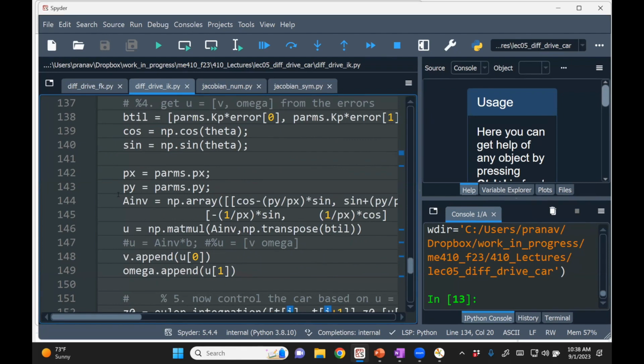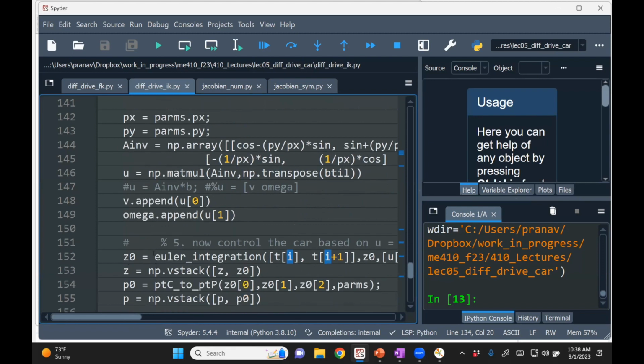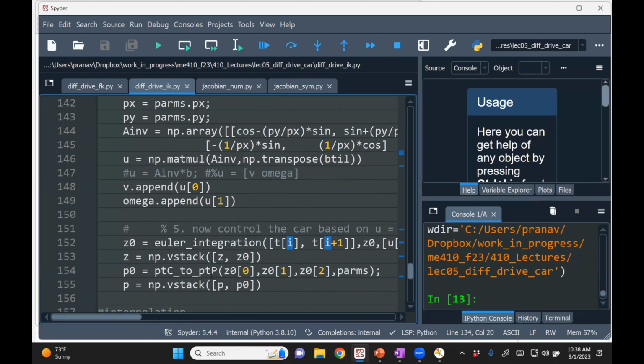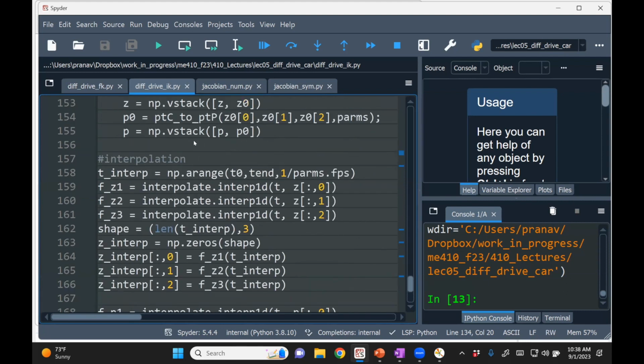And then A inverse is that inverse I wrote in the notes. A inverse times B gives me U. Now U is basically a 2x1 matrix. First entry is the velocity, second entry is angular speed. Once I get that, I can stick it in the Euler integration, and that will basically give me the rest of the stuff, trajectory and path.